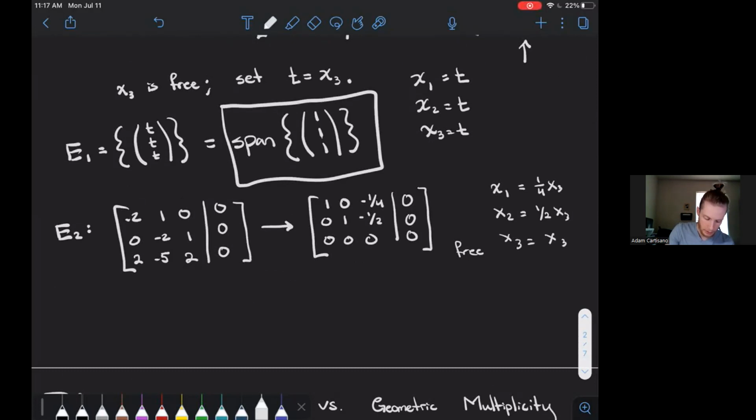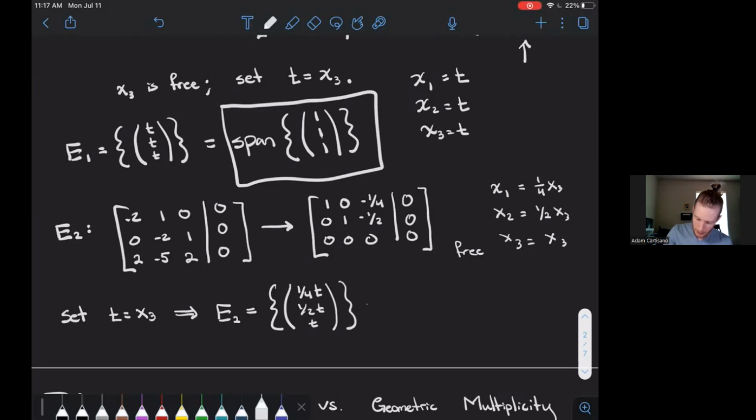So set t equal to x3, so that E2 is the set of vectors of the form 1/4 t, 1/2 t, t, which is the span of just one vector in the basis again, 1/4, 1/2, 1.